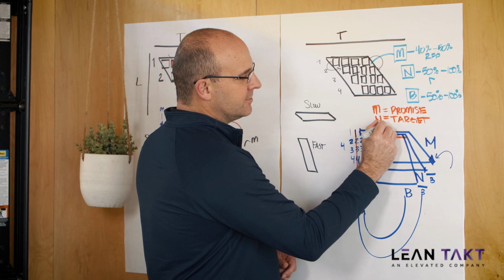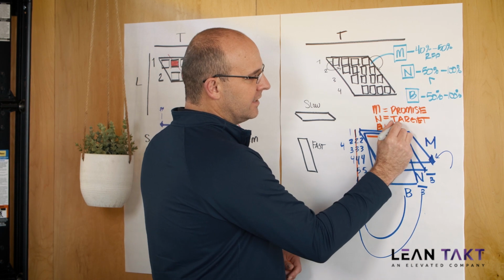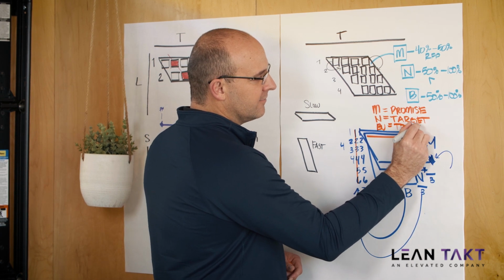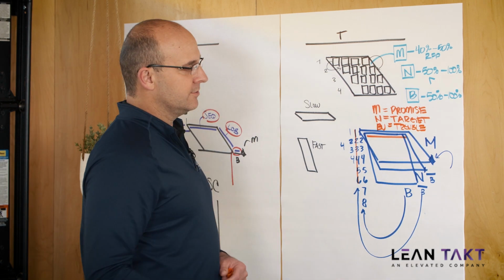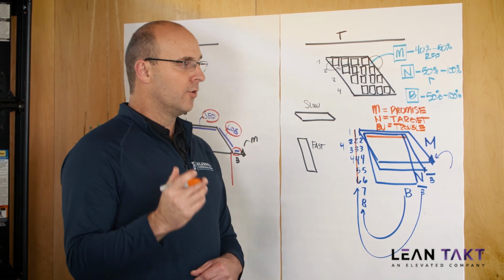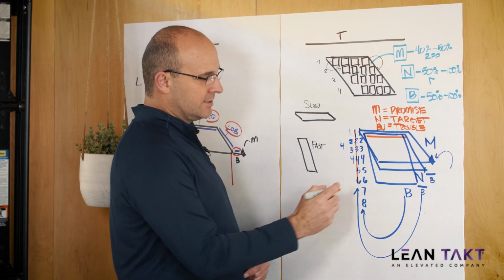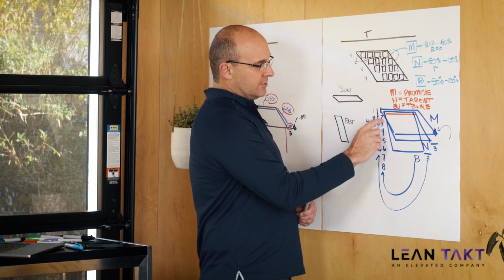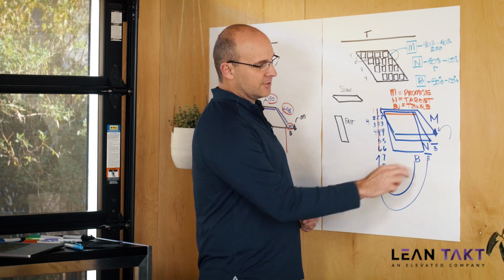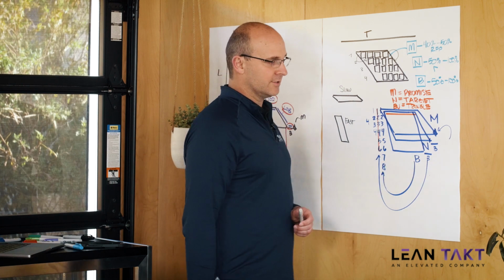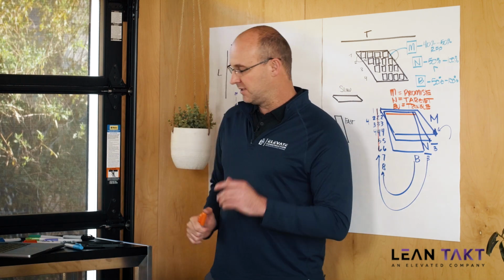Your backup, I'll just do BU, is if you get into trouble, meaning that if the owner wants to shorten your duration, or you have a delay, or you have missing material, or something goes wrong, you still have a backup, that zoning strategy where you can go even faster and you can have those buffers and you can finish earlier.